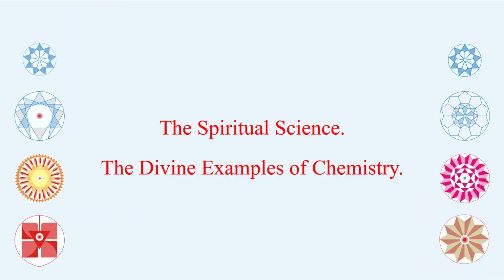Now the spiritual science, I am talking of the divine example of the chemistry, which I understand is very important for us to understand how nature has helped me to understand things from Ved, Upanishads and scriptures, which are Sanskrit in nature, and modern science from divine mathematics to physics, chemistry to medical sciences to biology. Both science and spirituality have made me understand both of them. By themselves they are insufficient and defective.